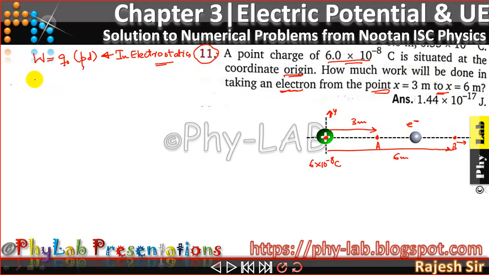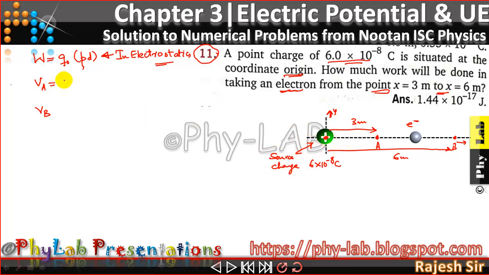So I need to first find out the potential at A, and then I need to find out the potential at B. So what is the formula for finding out the potential due to any source charge? Now this potential at point A exists due to this particular source charge, friends. So I need to find out the potential at point A due to this source charge.